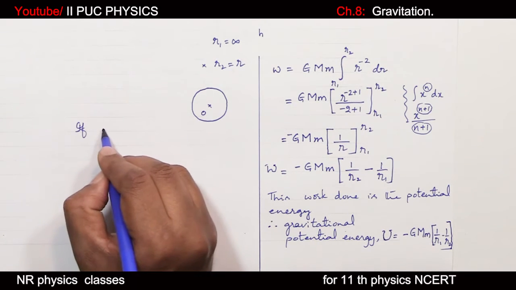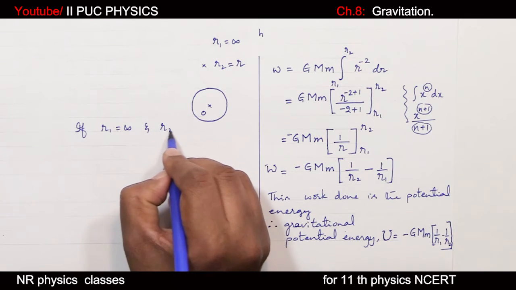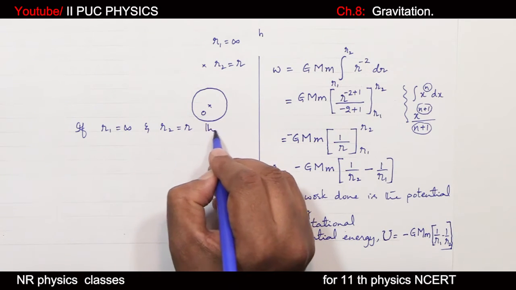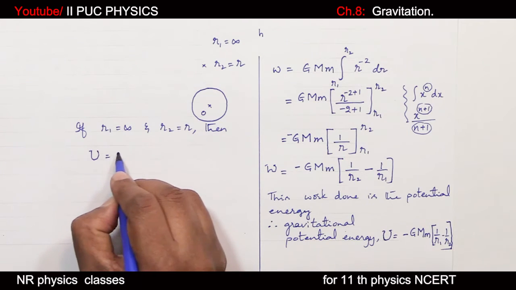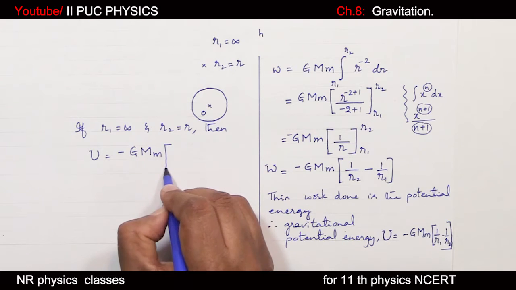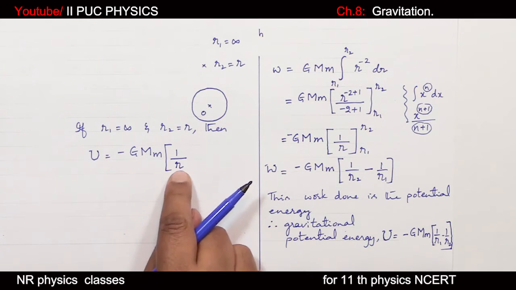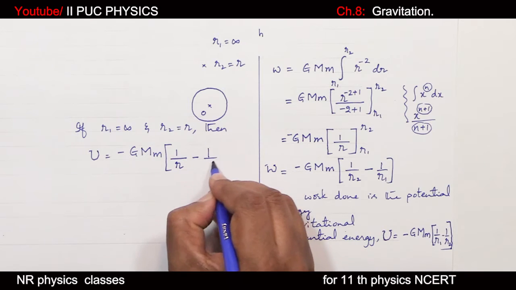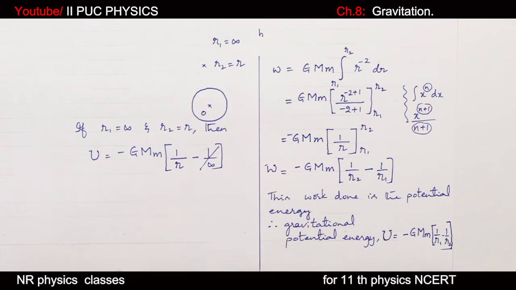If R1 equal to infinity and R2 equal to r, then potential energy equal to minus GMm, 1 by r, R2 becomes r, minus R1 becomes infinity. 1 by infinity is 0.